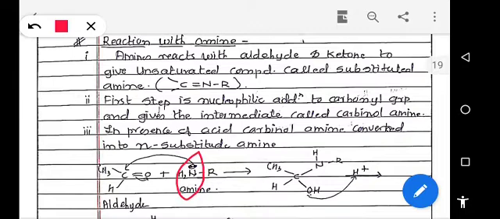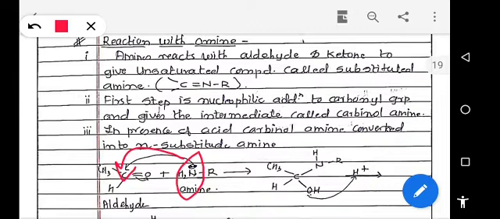And electrophilic center is, we know, the carbonyl carbon. So reaction takes place, bond formation takes place between the carbon and nitrogen atom, and the pi bond breaks at the same time simultaneously.